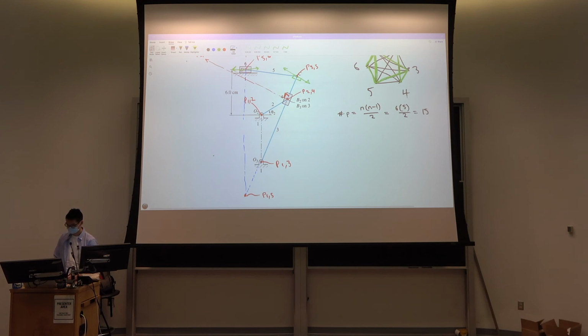Link 2. We already have P12, right? Or you mean this point here? Yeah. So if we find the velocity of this point, it's perpendicular to link 2. And let's think, what would that be useful for?